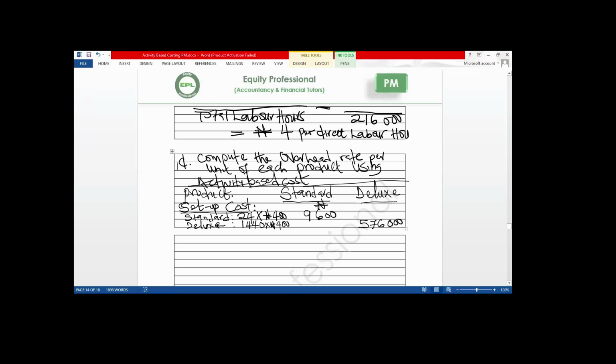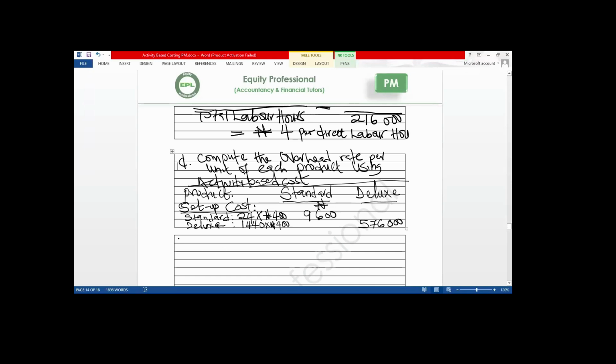Because we calculated the cost driver rate to be 400 naira per setup, and we have 24 setups for standard and 1,440 setups for dealers, the setup overhead cost for standard is 9,600, while the setup overhead cost for dealers is 576,000. You move to the next one.